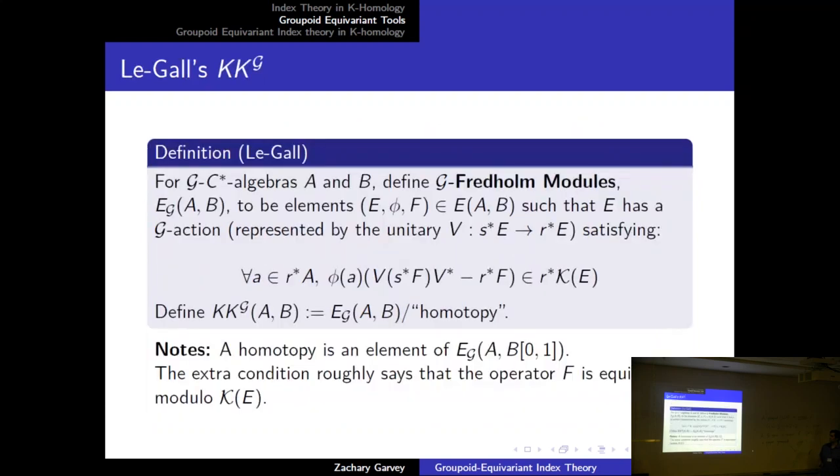Okay. So this guy Le Gall came up with a version of KK theory that has groupoid-equivariance baked in. If you have two C-star algebras, assuming they could be Z mod 2Z graded if you want, a G Fredholm module is basically a Fredholm module, but where there's a G action on E. The G action on a Hilbert module is instantiated by a unitary from S star E to R star E. And I don't think I defined what a G action on a Hilbert module is or what pullback is in that situation, but I urge you to be a little creative for the sake of time.